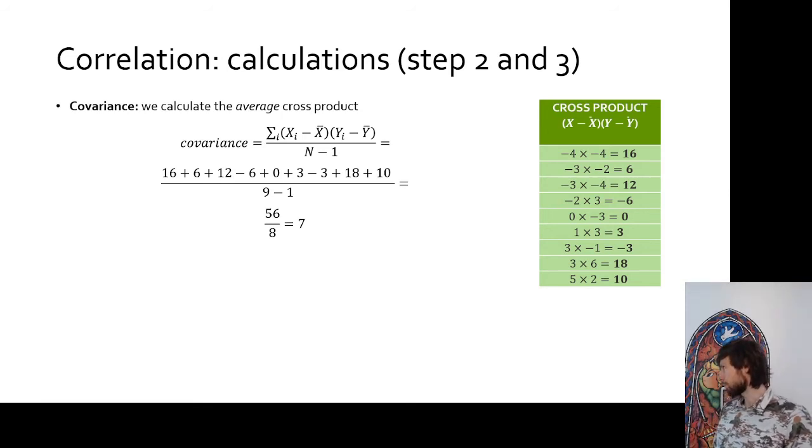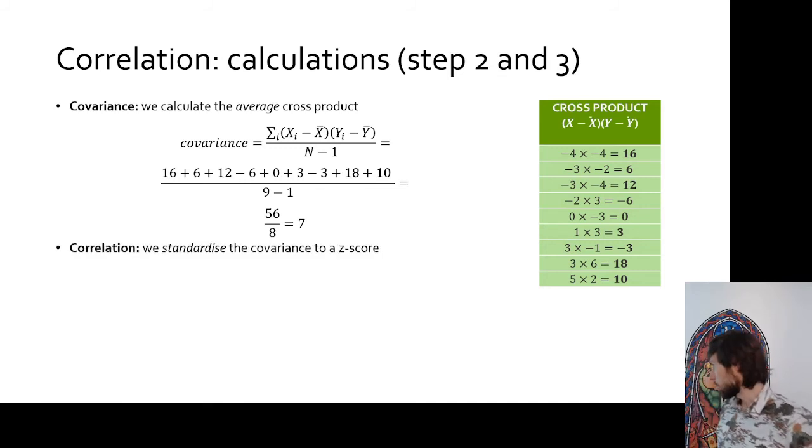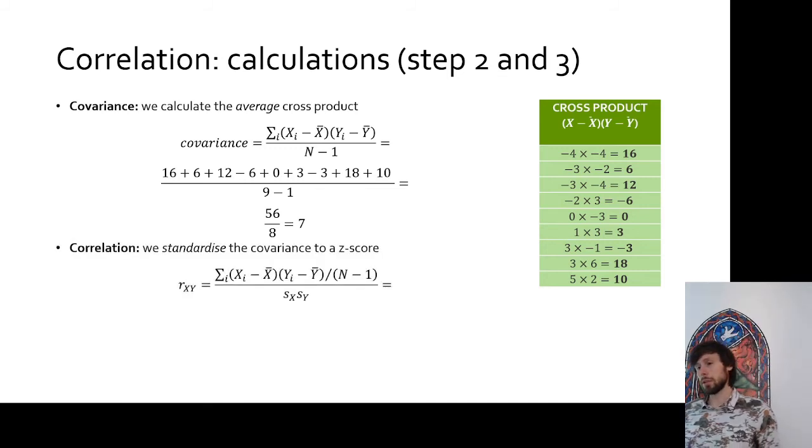whether this means that there's a strong relationship between one variable and the other. And that is why we take the final step to standardize the covariance, to turn it into a number between -1 and +1, for which we can then use particular guidelines. The last step is exactly the correlation. To standardize the covariance, actually standardizing it to a z-score, of which I could say a number of things. But it basically means that we divide the covariance by the standard deviation of each variable.